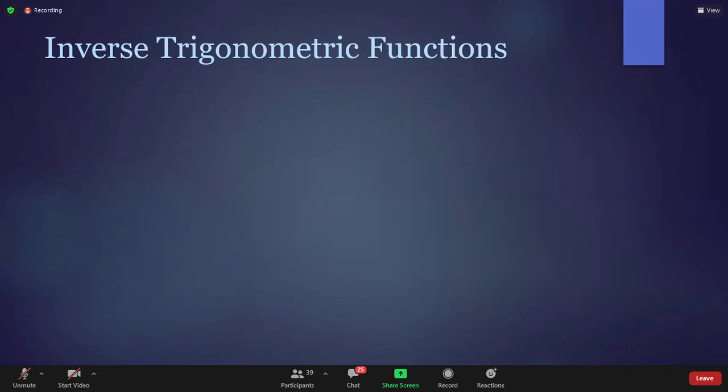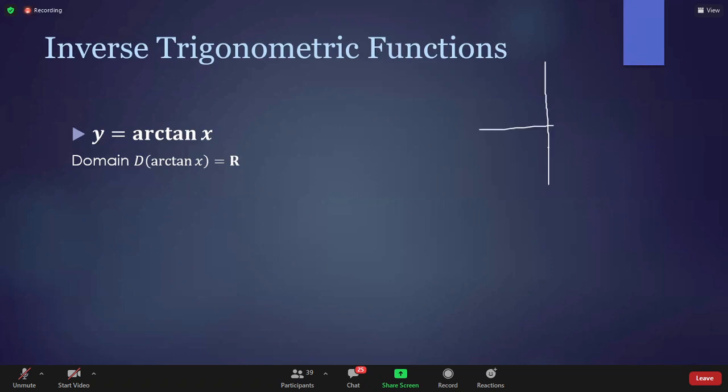Now, the next one, arctangent. For arctangent, if you remember the tangent graph, now I need to remind you, the tangent function is actually defined not for all x values.